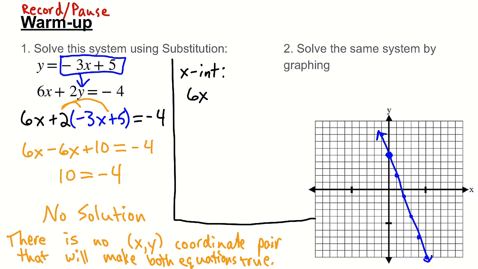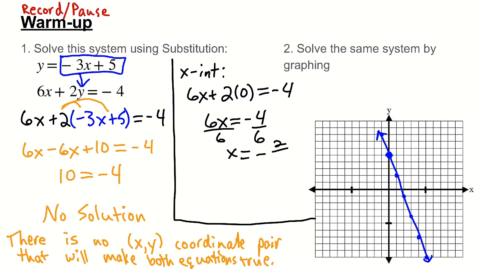So we have 6x plus 2 times 0 equals negative 4. So that makes 6x equals negative 4 because this makes a 0. Now we divide by 6 and we get x is equal to negative 2/3.